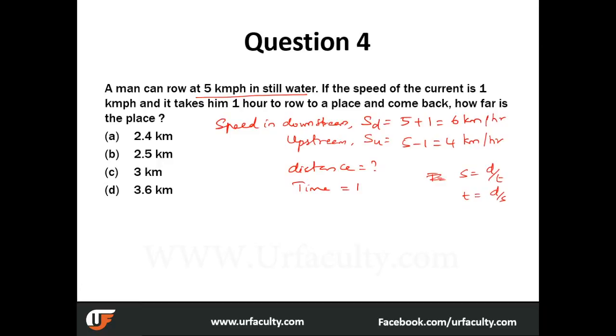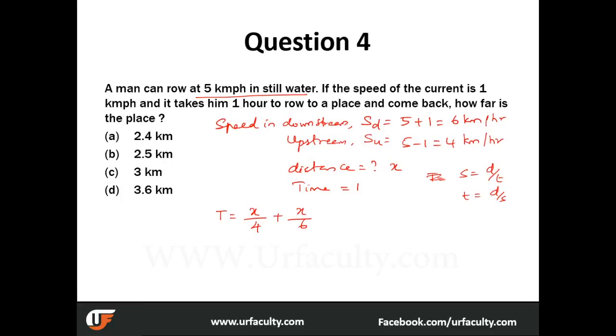So here, one part of the distance is upstream. So the upstream distance can be written, if you mark it as x, by 4, plus the downstream distance as x by 6, right? Why did I write this?